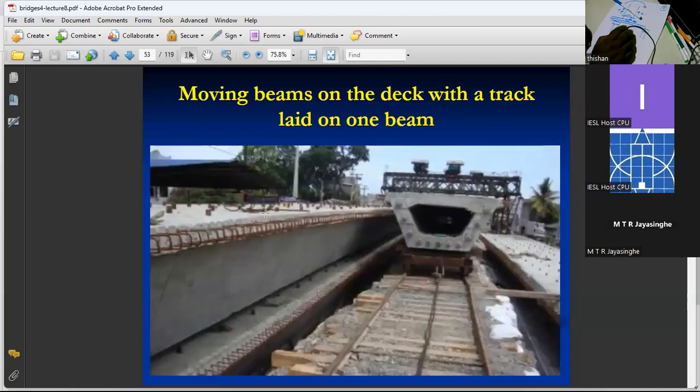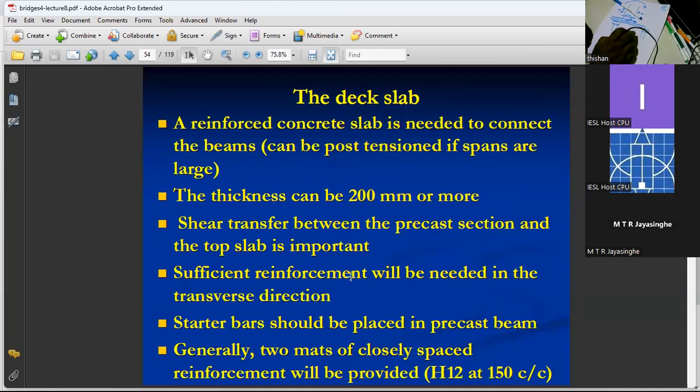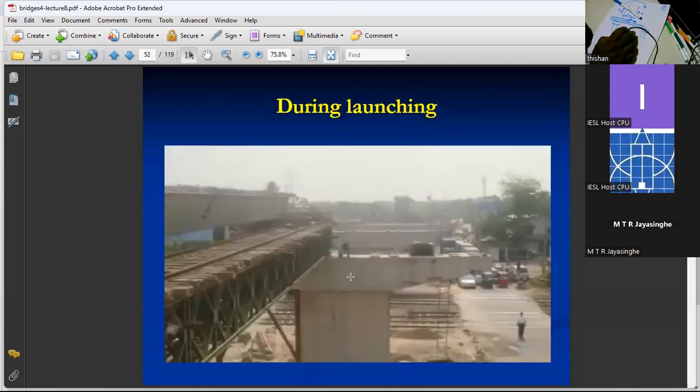Now here you can see a lot of beams are kept on top of the ones that have already been launched. So that's a type of situation. And then when all the beams are placed, the situation becomes very favorable because the loads are now balanced. Whereas during the construction, the loads may not be balanced.